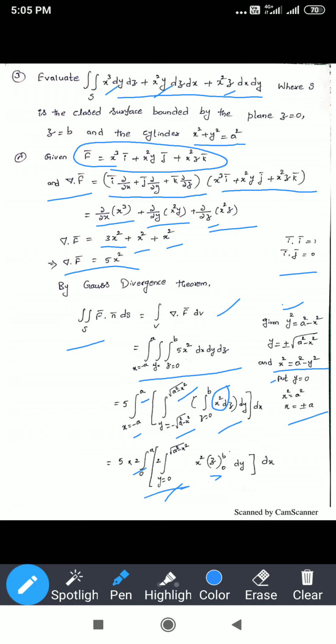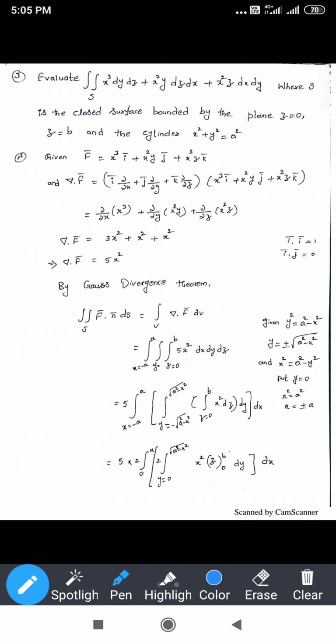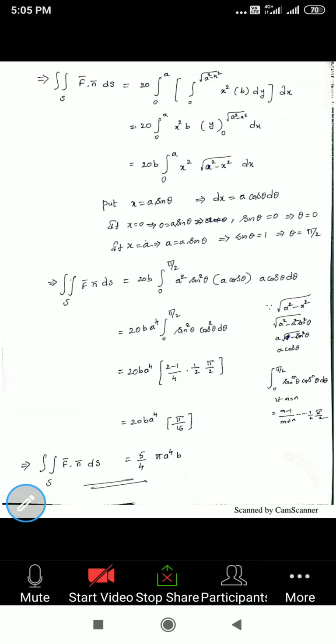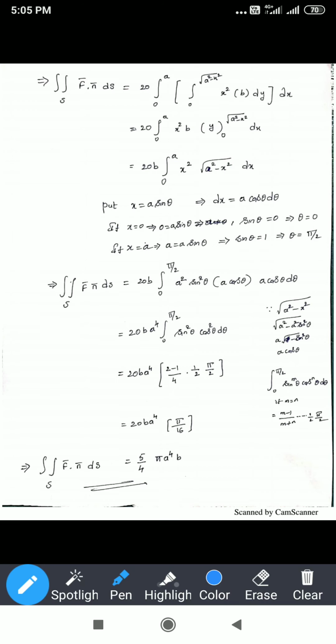Okay, so the limits are clear, and after the integration with respect to z, do the simplification. Come to the simplification. When you substitute the upper and lower limit values, you get only b.